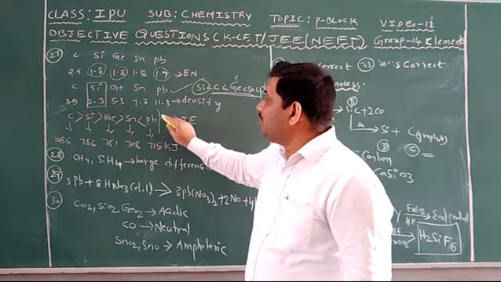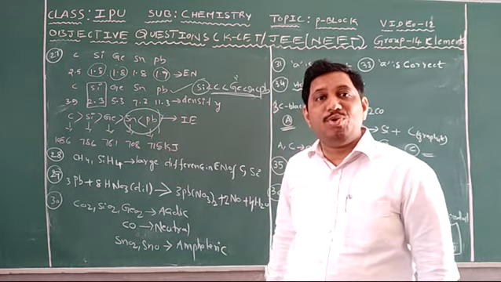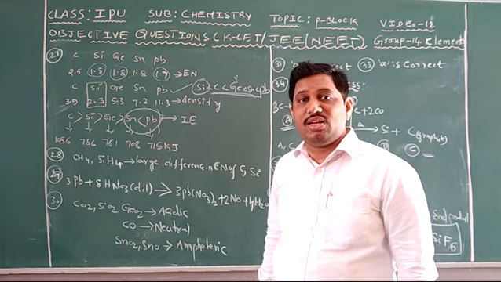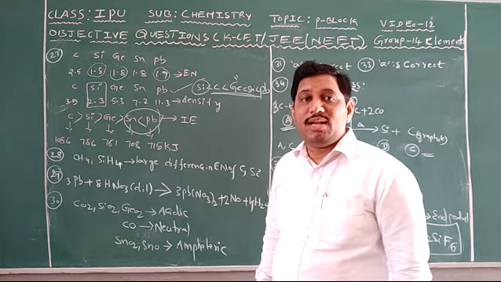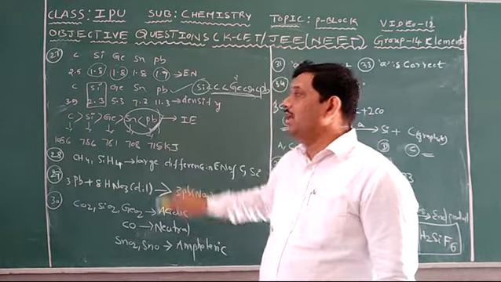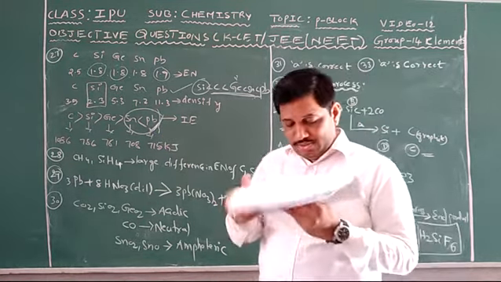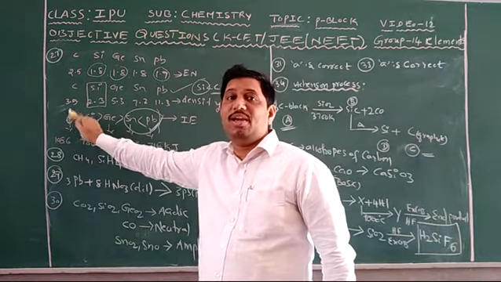But some exception is there. The ionization enthalpy of lead is more than that of tin, because of the poor screening effect of the completely filled d and f orbitals present in lead. Clear, student? Next one. Carbon has the highest ionization potential. Therefore, the statement is correct.